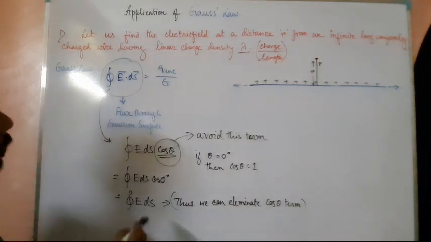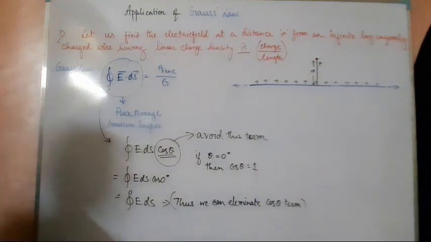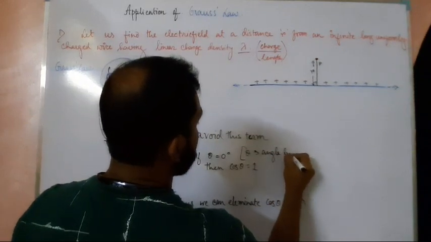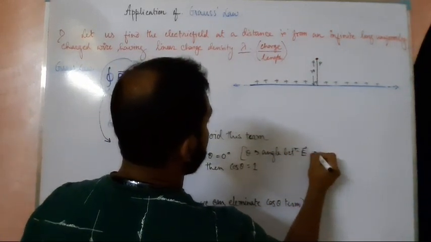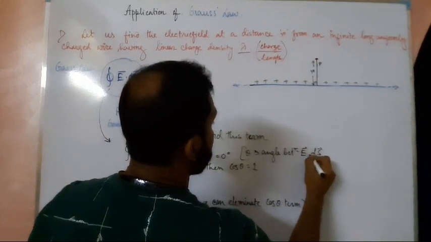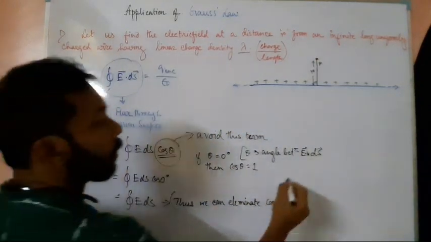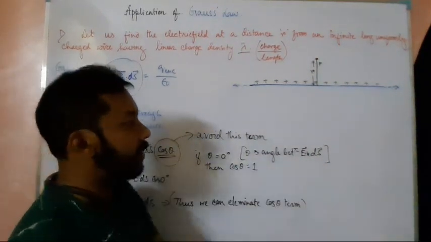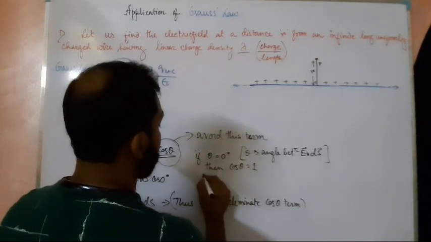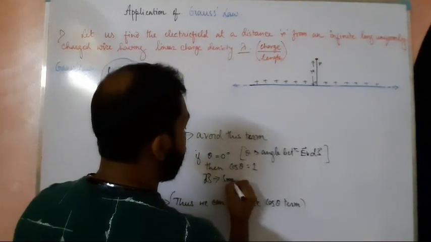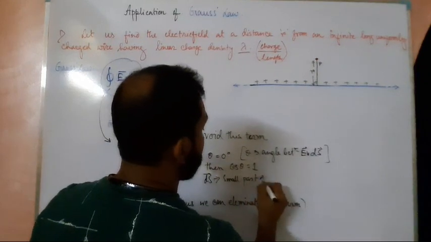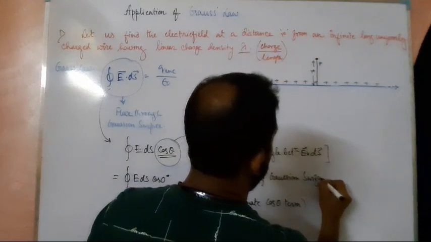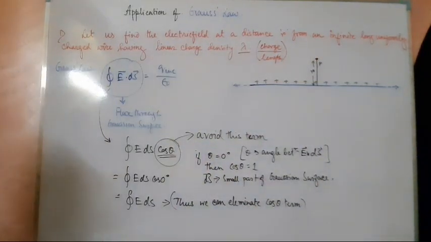For this cos theta, what is theta? Theta is the angle between E and ds. ds is a small part of the Gaussian surface, and E is the electric field.